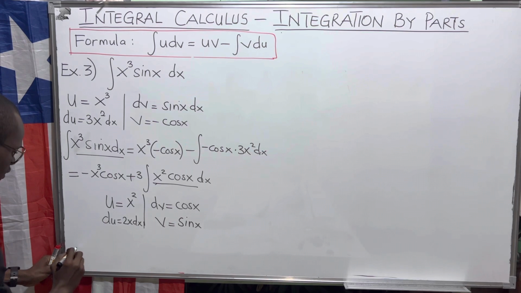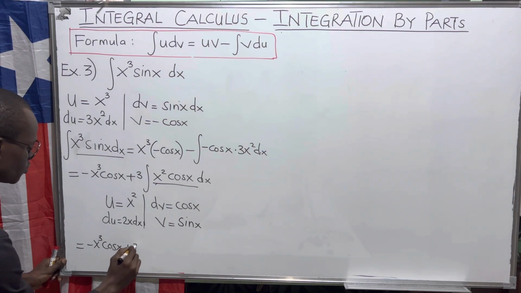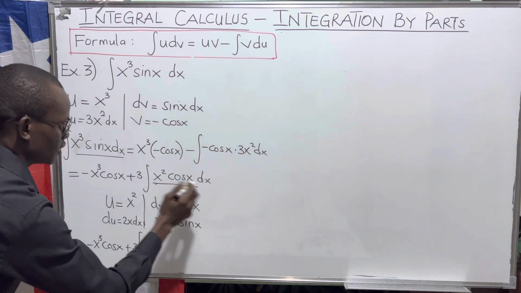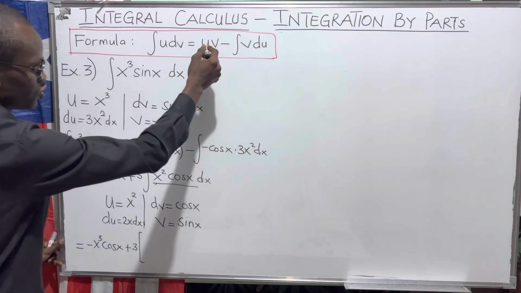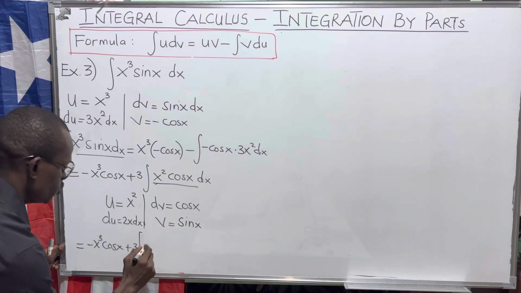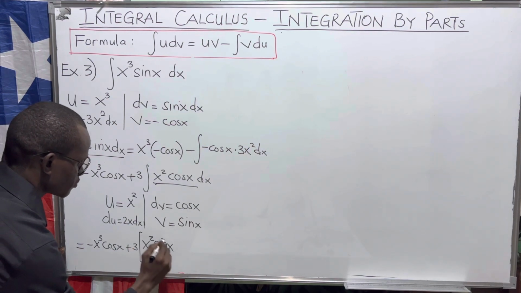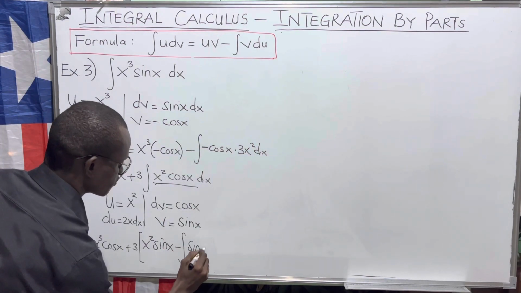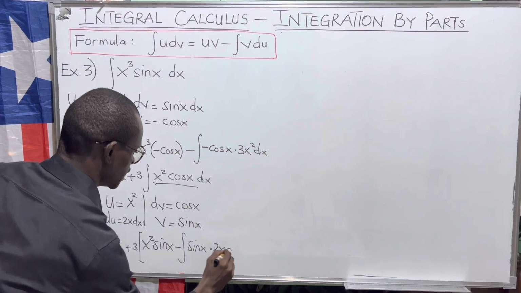So we go back now. This is equal to minus x cubed cos of x plus 3. This expression is rewritten as uv minus the integral of v du. What is u? U is x squared, and v is sine of x, minus the integral of v, sine of x, and du is 2x dx.